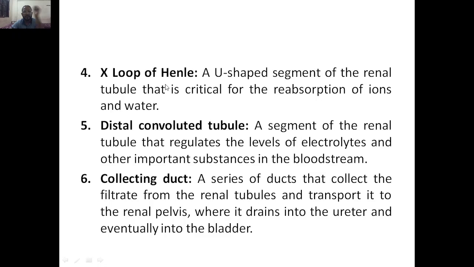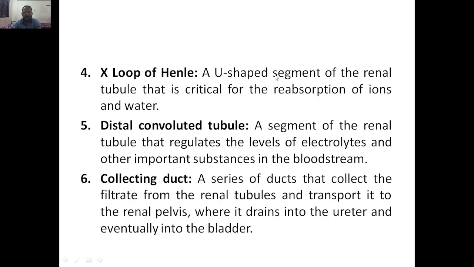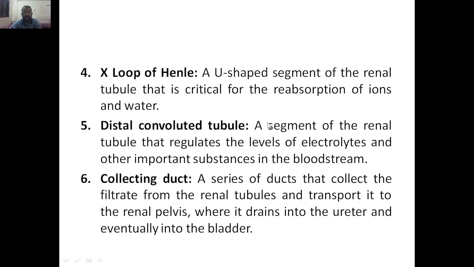Next, loop of Henle. So this is called the loop of Henle. It is U-shaped. See, this is U-shaped. This U-shaped segment of the renal tubule is critical for reabsorption of ions and water.